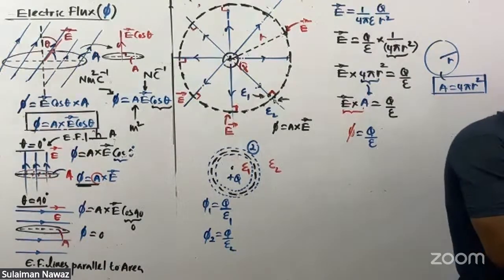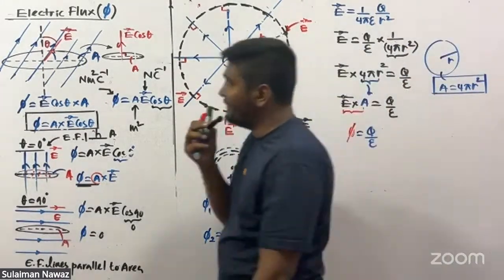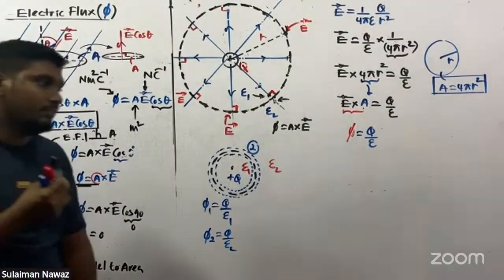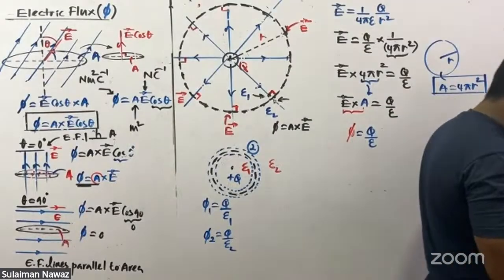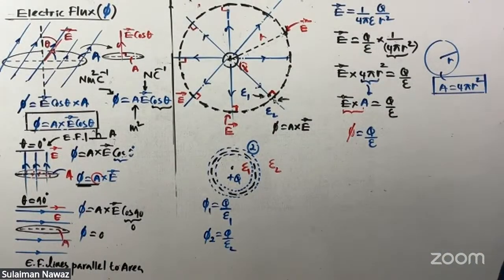If flux is Q over epsilon, then there is a discontinuity of field lines between medium 1 and medium 2.